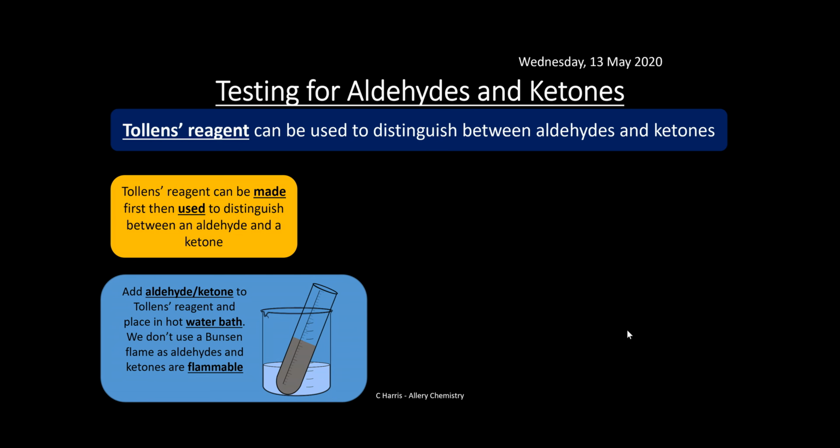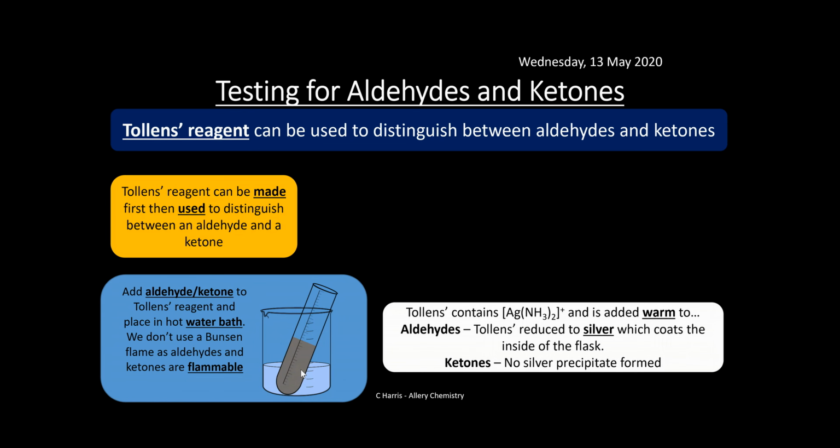The reason we use a water bath is because aldehydes and ketones are flammable, and the last thing we want is a naked flame underneath a flammable liquid. So you can see here we put our test tube with our aldehyde or ketone into the beaker.